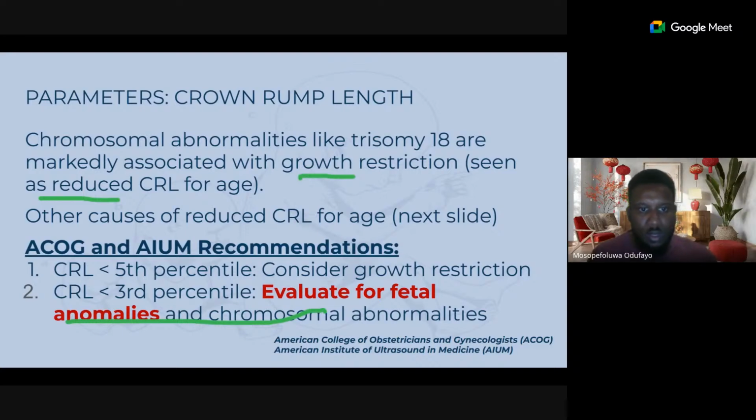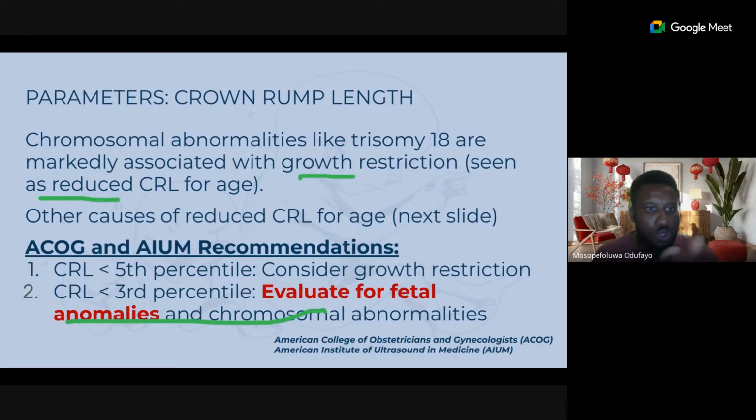Is that okay? According to the American Society of Gynecology and AIUM, CRL less than the 5th percentile, consider growth restriction, then keep monitoring. Less than the 3rd percentile, evaluate for fetal abnormalities. But just know that if it's less than expected for gestational age, think about other things.